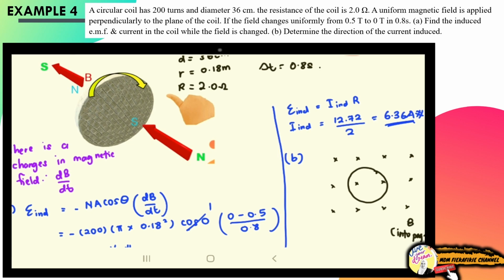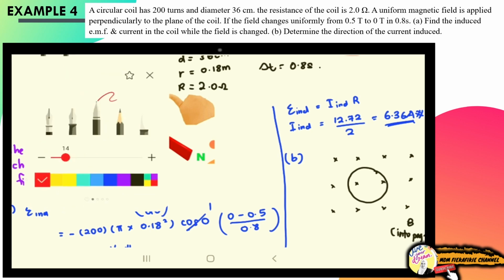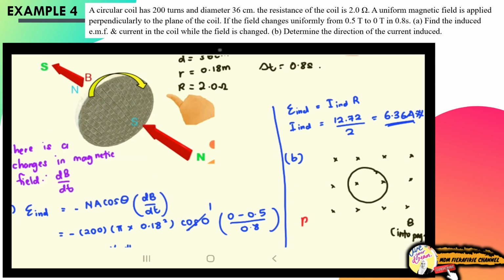the page. Alright, so if B is into the page, the green color here is north and here should be south. Since the question states that the magnetic field here is decreasing, B is reduced, decrease kan, daripada 0.5 to 0.